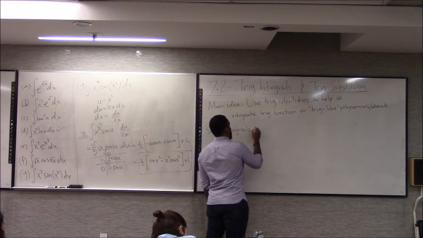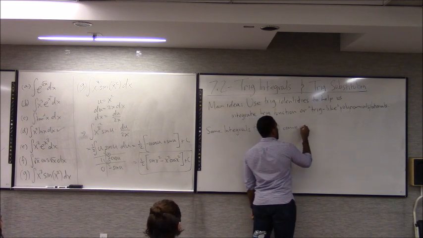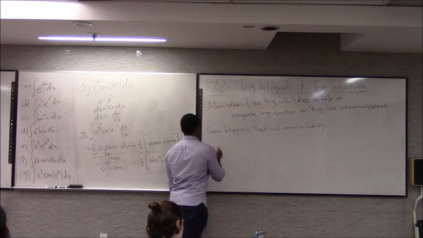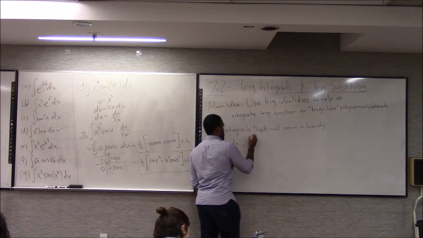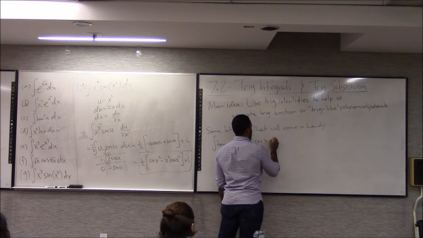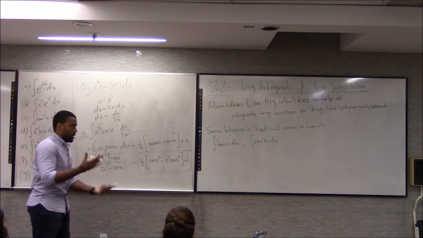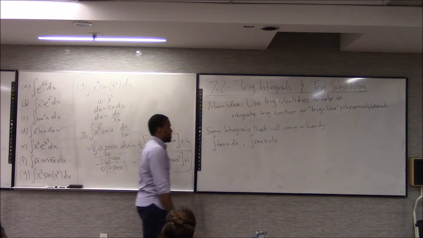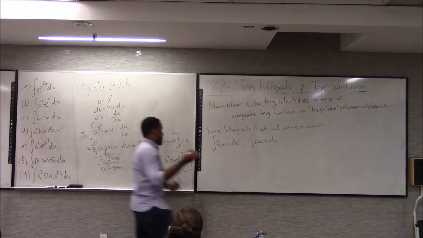Some integrals that will come in handy. Knowing how to integrate tangent and secant is often going to come in handy. We already know how to do sine and cosine. As for cosecant and cotangent, let me just write that down.